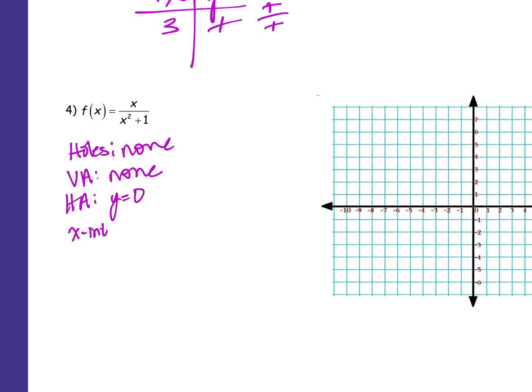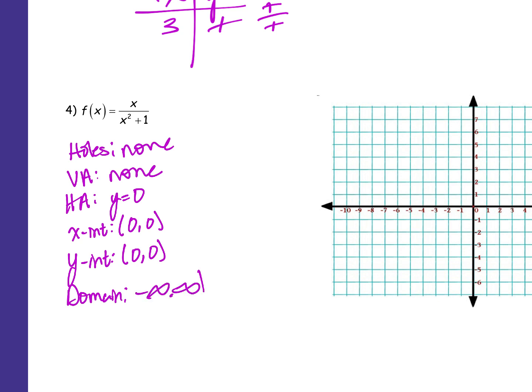X-intercept is where I take the top and set it equal to 0. So that would be 0, 0. Y-intercept is going to be 0, 0. Domain, -infinity to infinity, because there's no holes and no vertical asymptote. So everything can be in there.